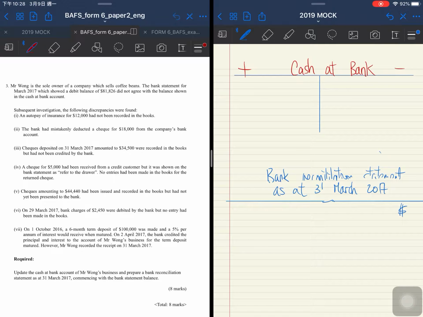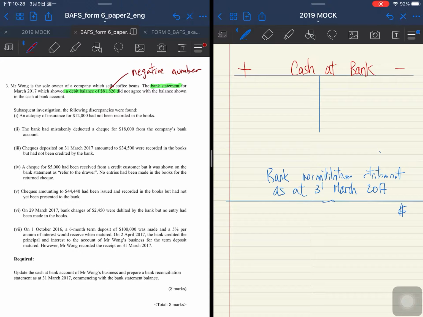Mr. Wong is the sole owner of a company which sells coffee beans. The bank statement for March 2017 will show a debit balance. At first I want you to know that a debit balance in our bank statement means it is a negative number, because normally in our bank statement we should have a credit balance, since a credit balance is a positive number.